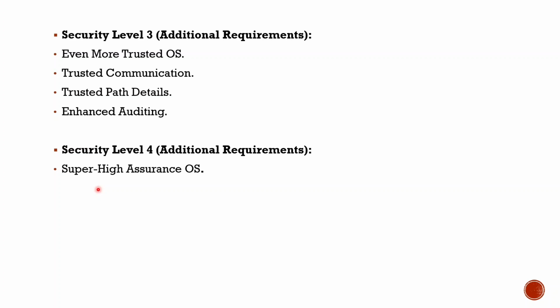The trusted communication must be established. All the cryptographic keys, secure parameters, authentication data, all should be communicated within a trusted mechanism like dedicated ports, trusted paths, etc. The trusted path details are also specified, like if the trusted path is used, the system must support a secure connection between the module and the operator whenever required, and this path must not be always open, which might lead to vulnerability.